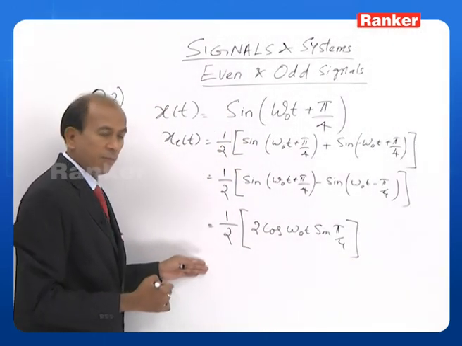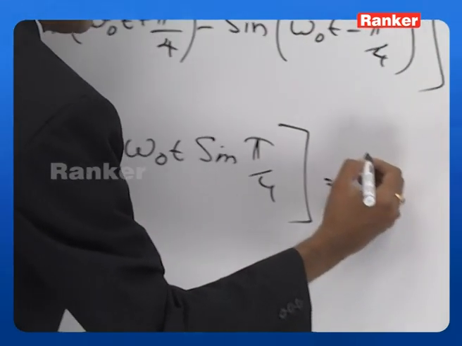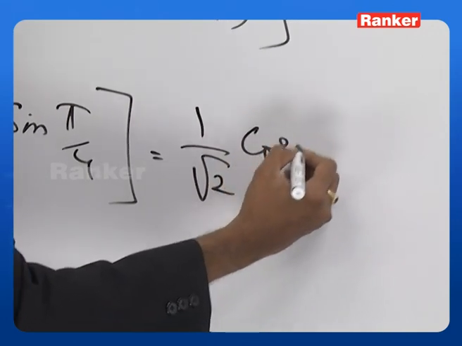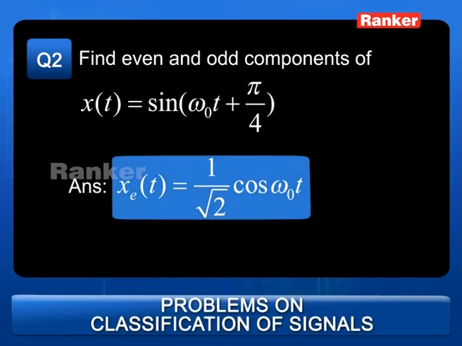So, this is equal to how much? This is equal to 2 gets cancelled. So, this will be 1 by root 2 cos omega naught t. So, this is the even component for the given signal.